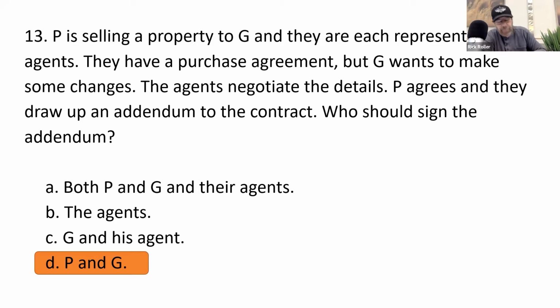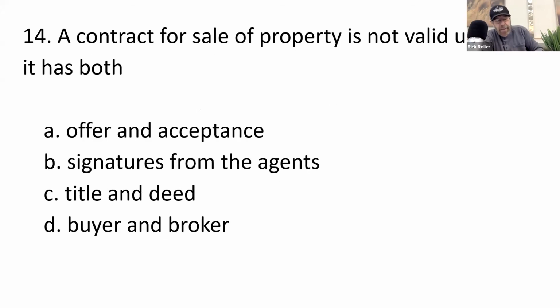Number 14. Okay, we have a contract for the sale of a property is not valid unless it has both what? Offer and acceptance. I like that. Signatures from the agents. What kind of contract is this? Contract for sale.